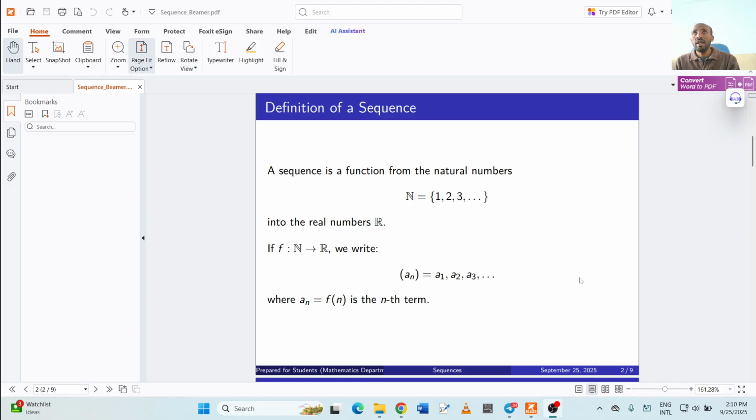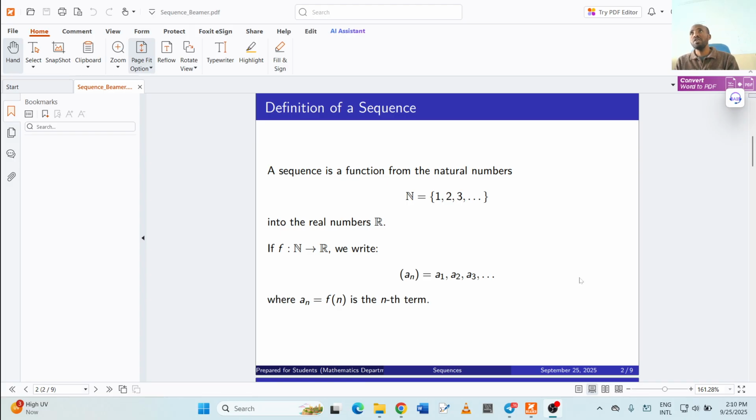When n is the first natural number, 1, the output of that function f is simply a1. When the input is the natural number 2, the output will be a2, and it continues. When n is the input value for the function f, then the output value is f at n, simply a_n. That is known as the nth term of a sequence.